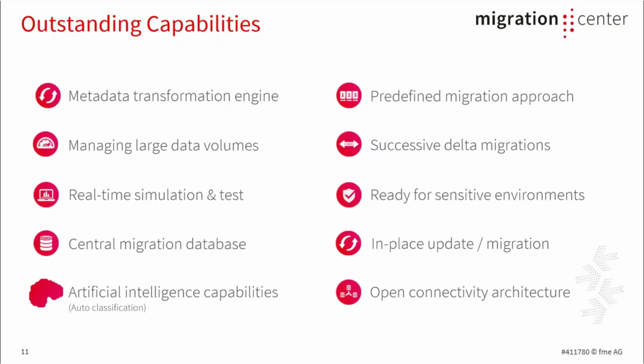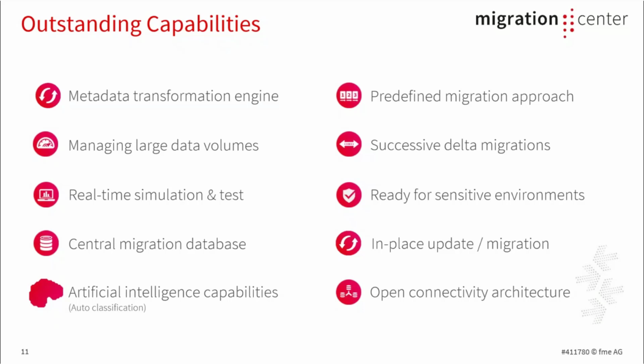You can do that with Migration Center because you can easily analyze the system, manipulate the metadata, and update the system again without changing the object ID and without moving the content from one storage system to another.